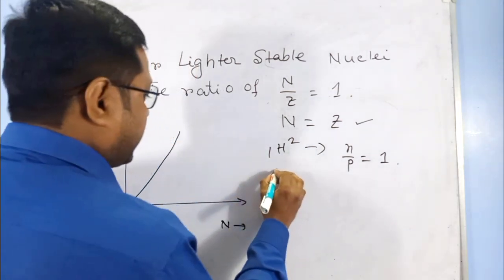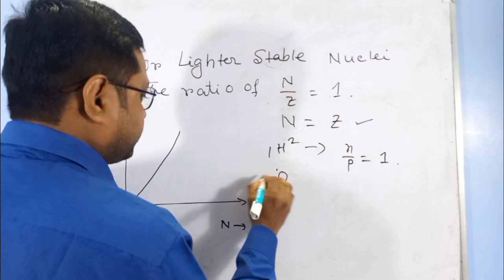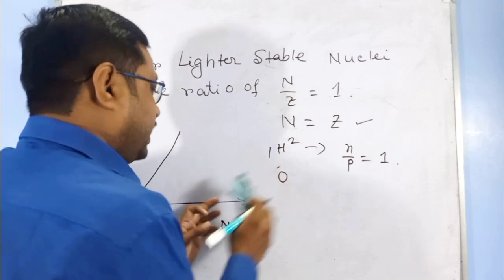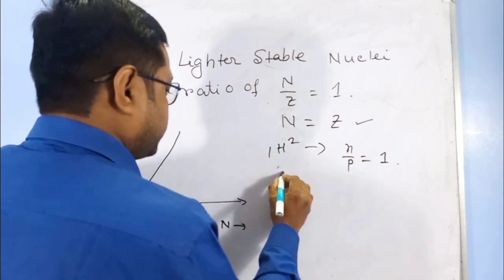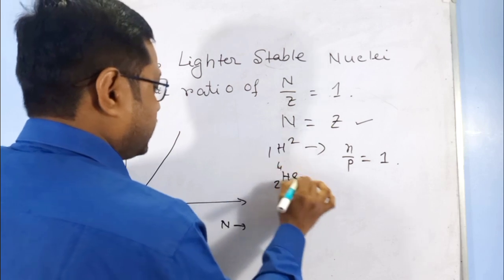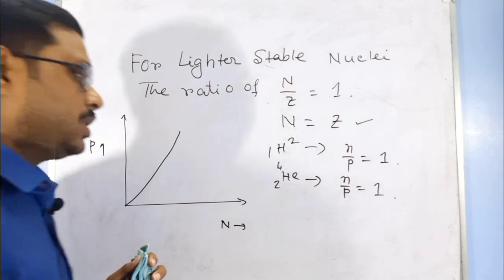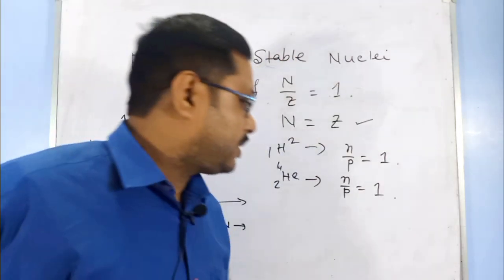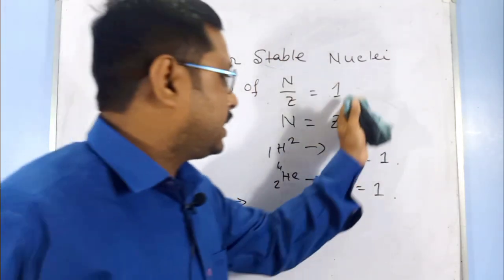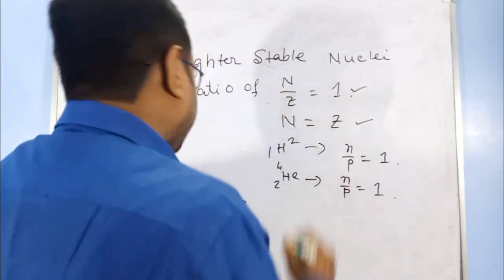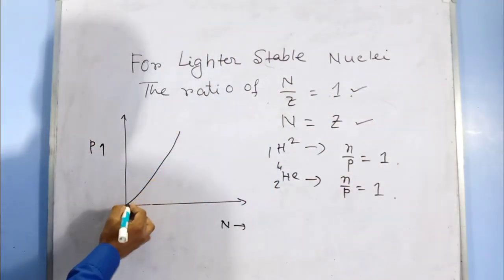If we take helium, 2He4, again the neutron to proton ratio is 1. So lighter nuclei, with a ratio of 1, lie near the stability curve.